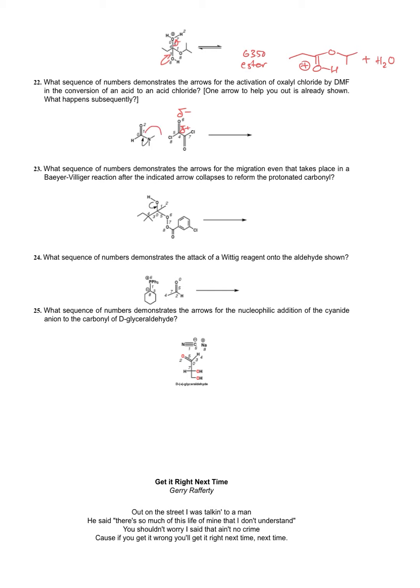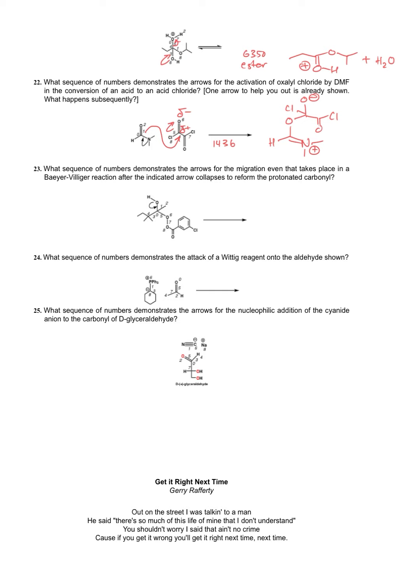So 1 to 4, and then we're going to break the pi bond 3 to 6. So that would be the product of that step in the sequence. So this is 1, 4, 3, 6.